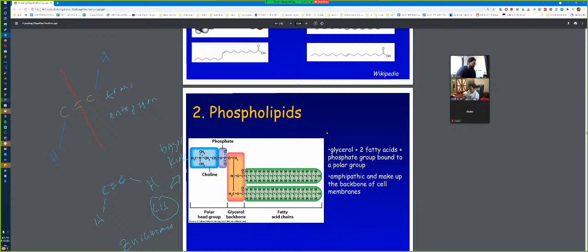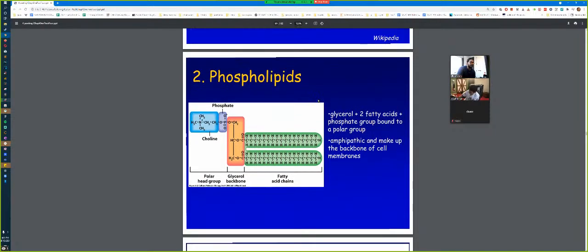Now, under lipids you have number one, fats. And then the second category is phospholipids. So that's essentially glycerol plus 2 fatty acids and then a phosphate group.